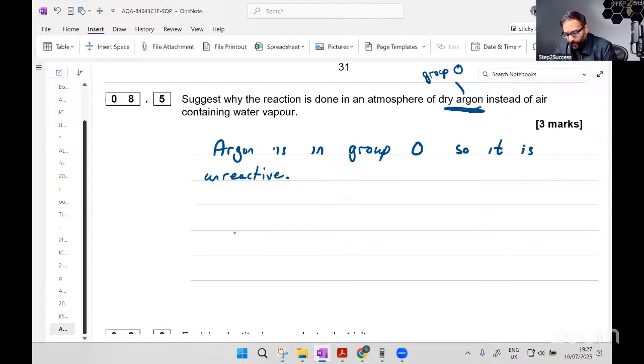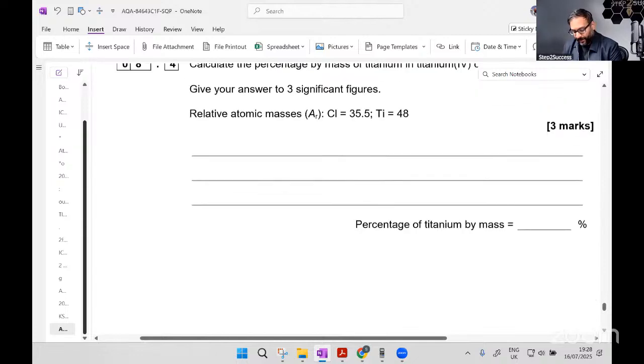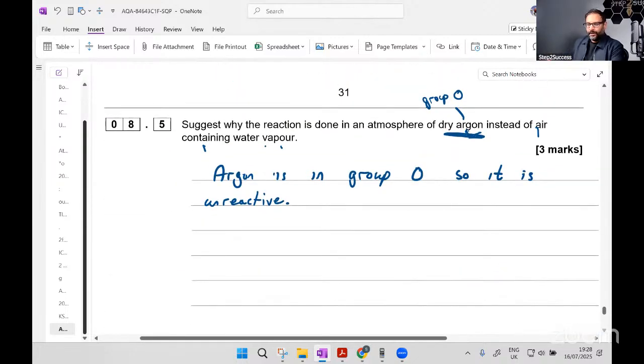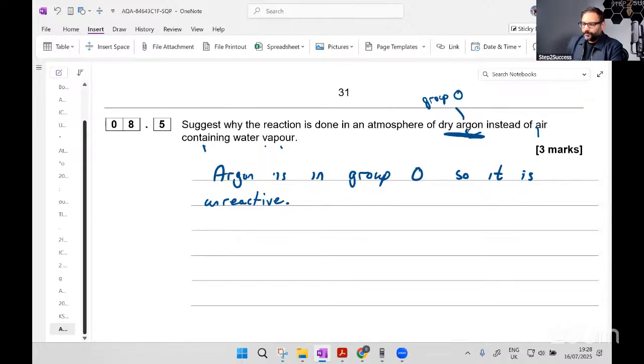And why would you do a reaction in that instead of in air containing water vapor? Well, it presumably is because if you do it in air containing water, then something in the reaction could react with that water and you don't want it to. I don't know what the reaction is, but I think it's the sodium in this question. So argon's in group zero, so it's unreactive.